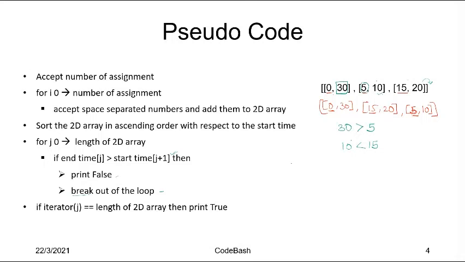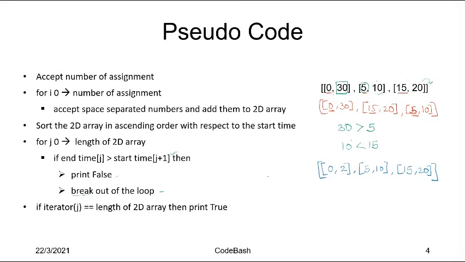Suppose your array was something like this. Instead of 30 you had 2, and then the rest was the same: 5, 10, and 15 and 20, right? Let's say you had something like this.